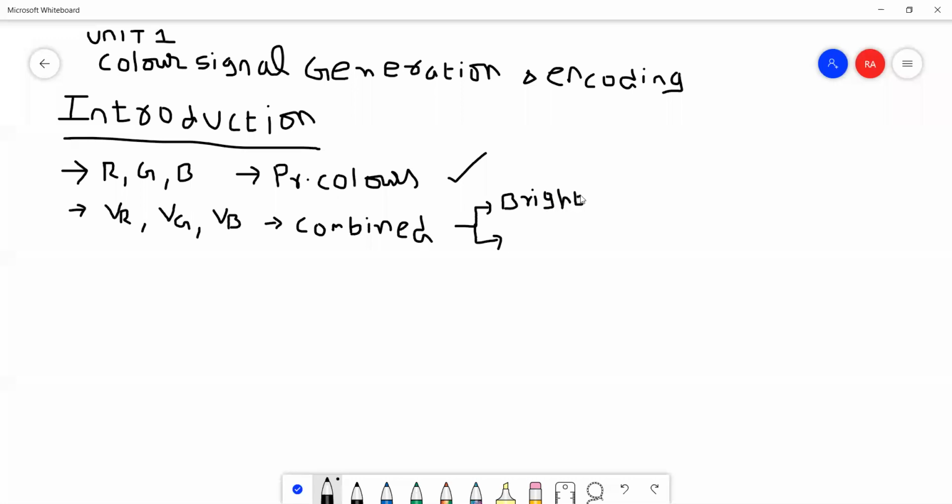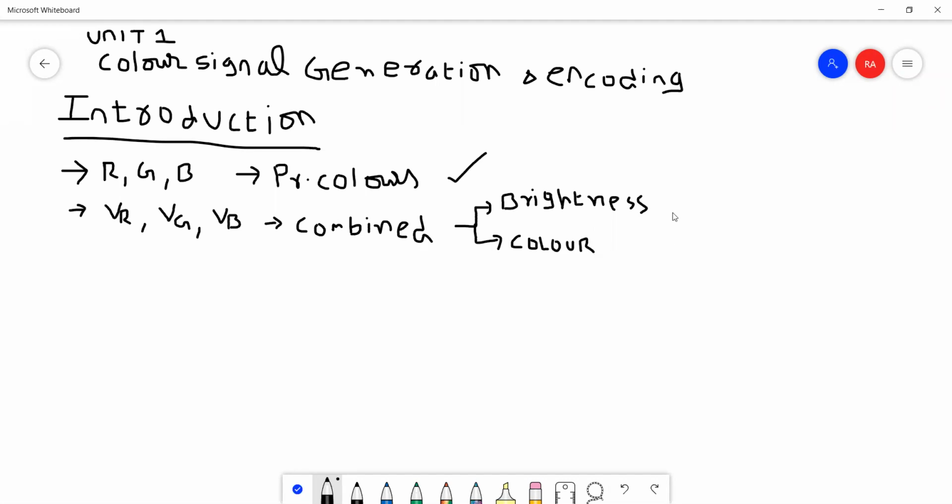Why? Because for any picture, brightness is one parameter. On our TV remote controller also, we have settings for controlling brightness. The second one is color. So brightness and color.